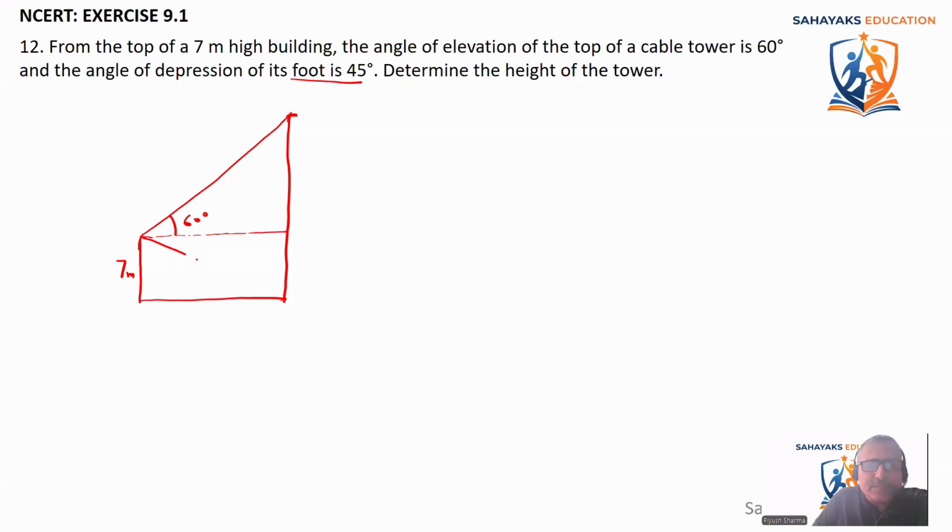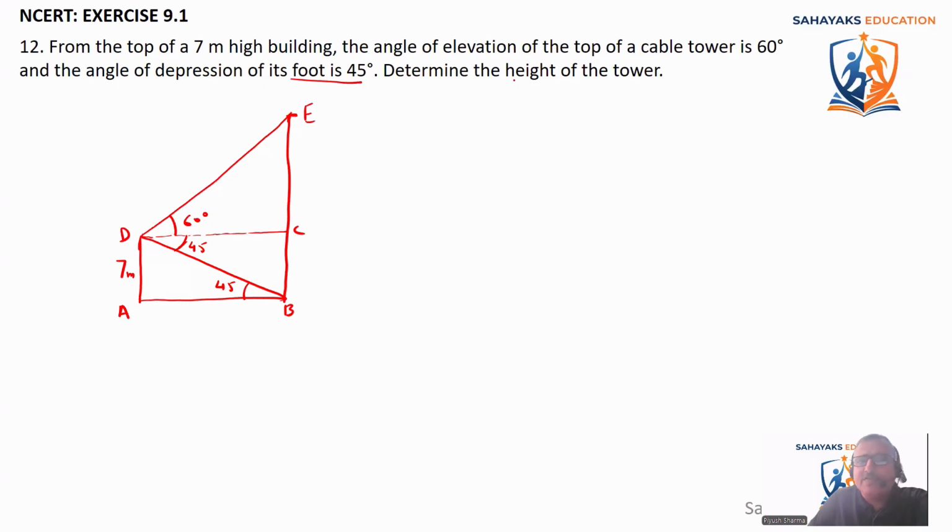So this is 45 degrees, and this is also 45 degrees. I'll just name the points: this is A, B, C, D, and point E.